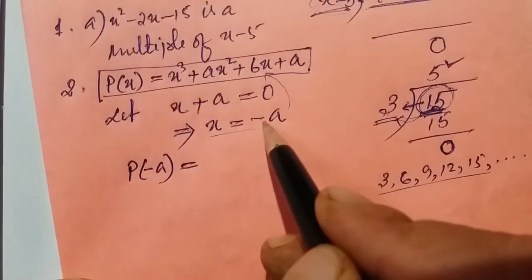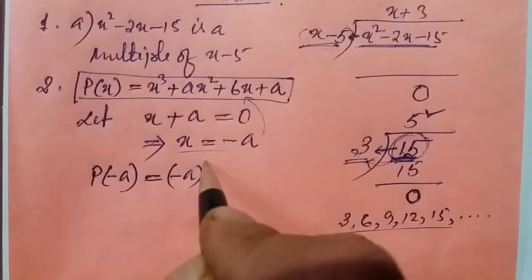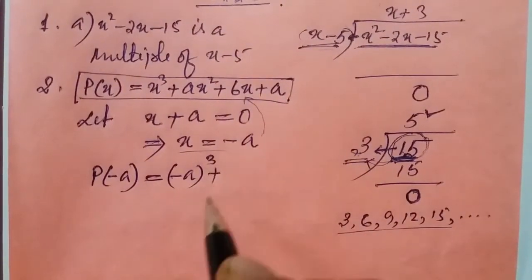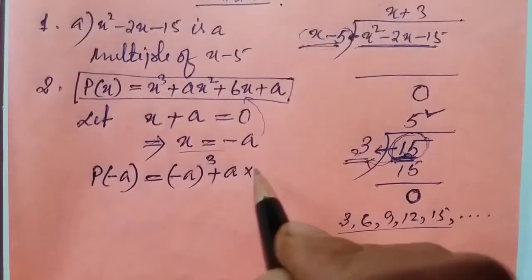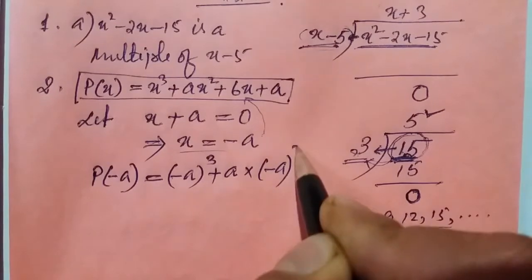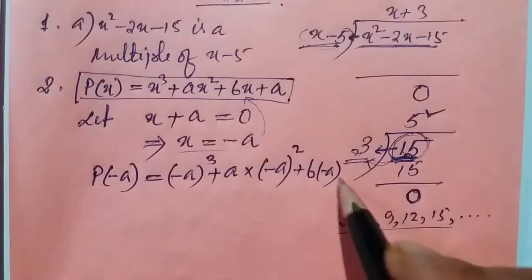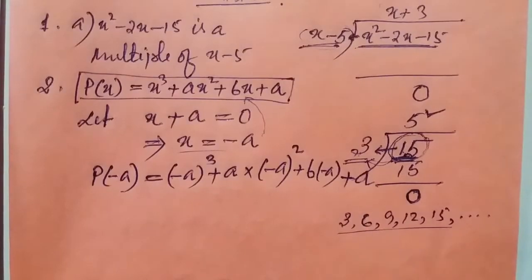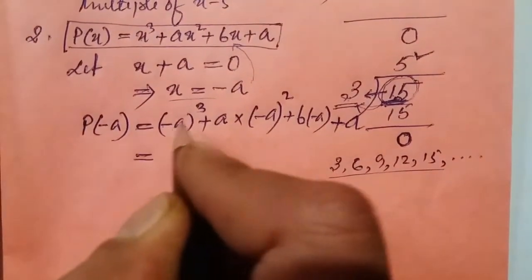X is minus a cube plus a into x is again minus a, so minus a square plus 6 into minus a, and then plus a here. Now this is equal to minus a cube.